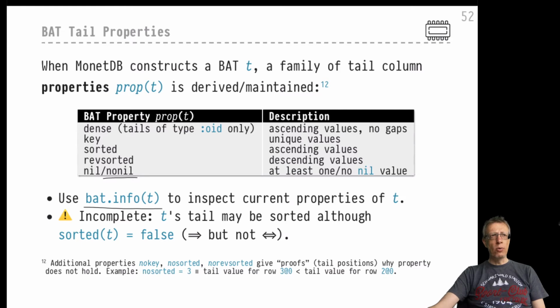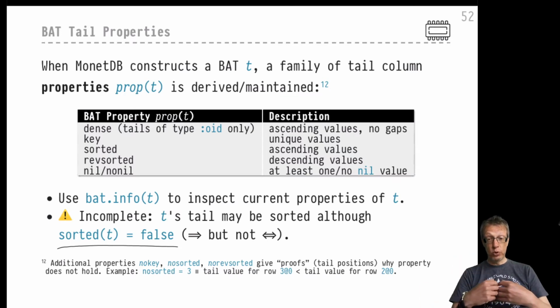Be aware though that this inference, this derivation of BAT properties, is incomplete. All right. So if, say, the sorted property of a particular column says false, okay, so the tail column of this BAT is not sorted, then indeed the tail column may in actuality be sorted, but MonetDB didn't have any chance or didn't bother to infer this particular property for us.